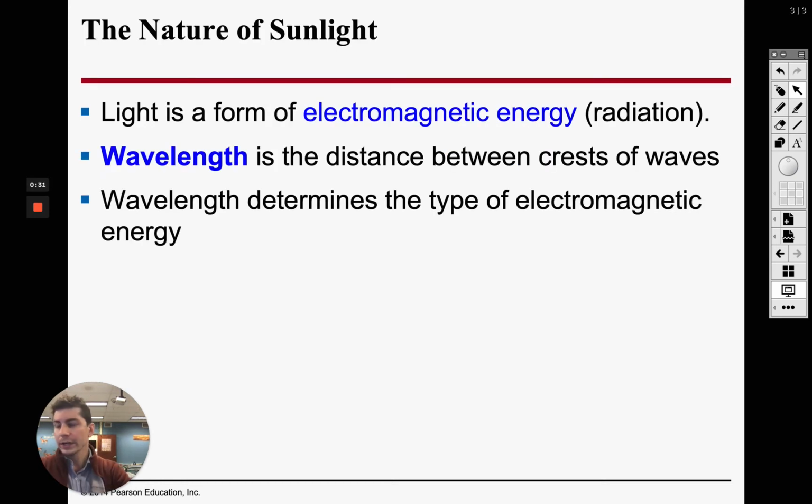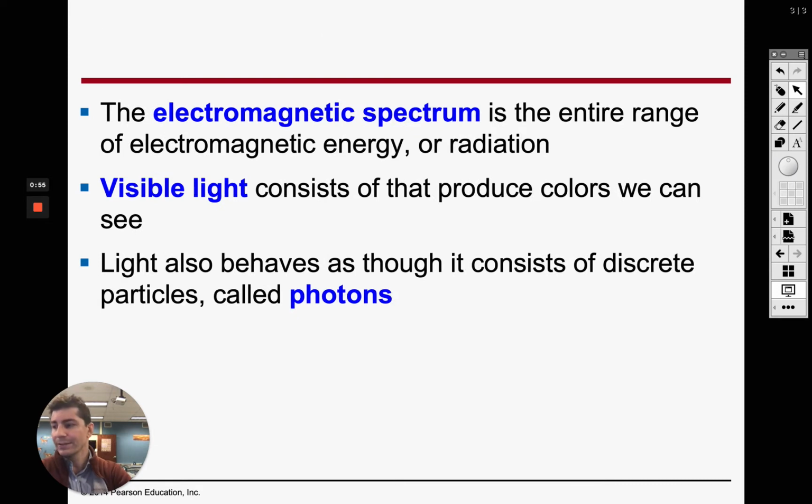So we're going to go through some colors that deal with photosynthesis. Just so you know, we're going to talk about wavelength. All that is going to be our distance between crests of waves, right? Nothing too crazy there, but we're going to mention it often, and there are going to be different numbers associated with different colors with respect to wavelength.